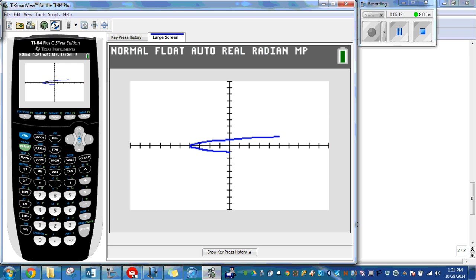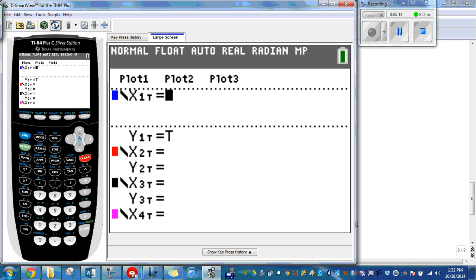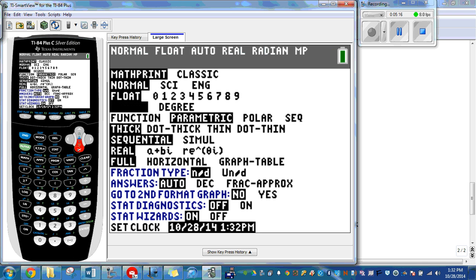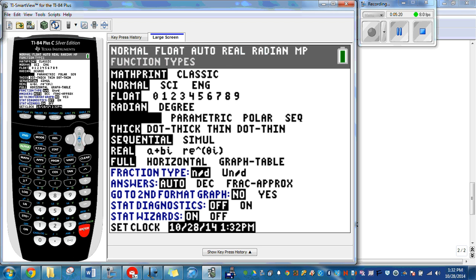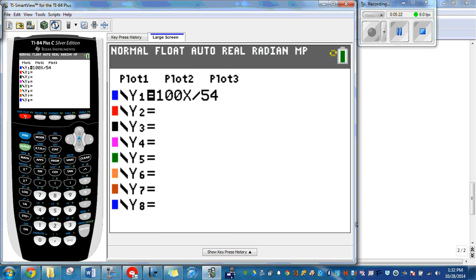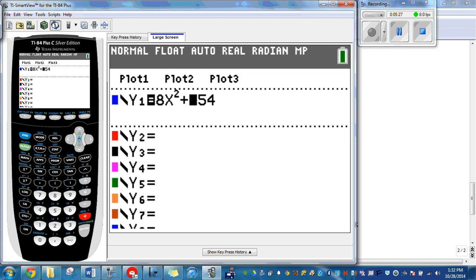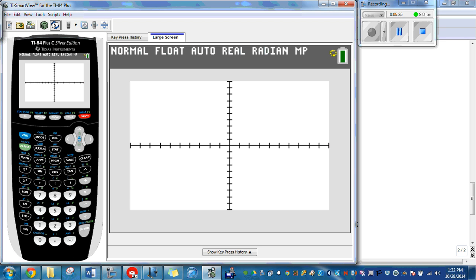So we have y equals 8x squared plus x minus 16. And we want to look at that graph. We want to know when is that equal to 0.